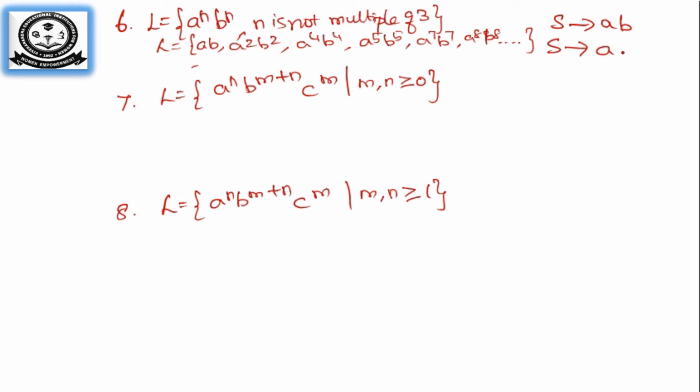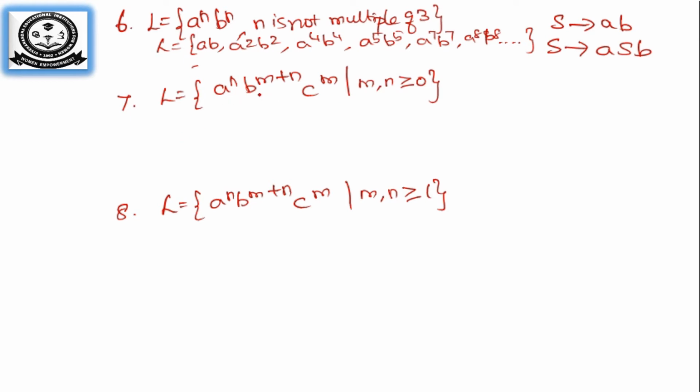So you have a S b, so that can generate a^2 b^2. All other things can also be generated over here. So that's the production rule for the first problem.